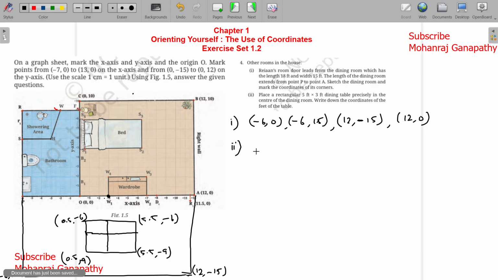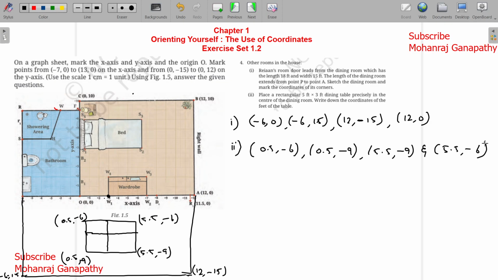This is the exact position of the dining table and the coordinates of the dining table.